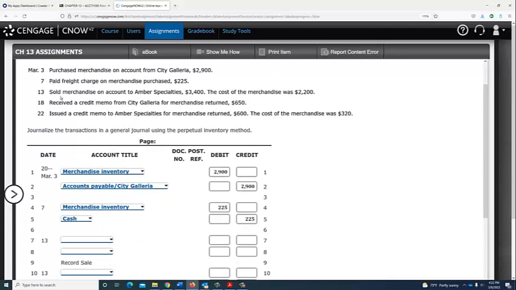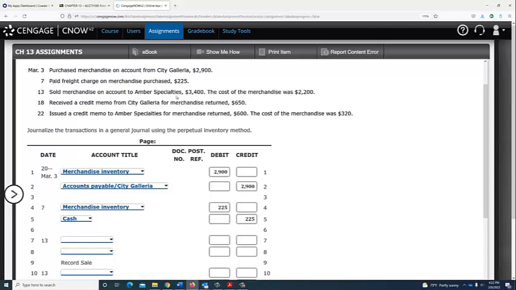Okay, on the 13th, we sold merchandise on account to Amber Specialties. The cost of the merchandise was $2,200. Under the perpetual method, there are two journal entries. One to record the sale, and the second is to move the inventory out of merchandise inventory because we no longer have it.